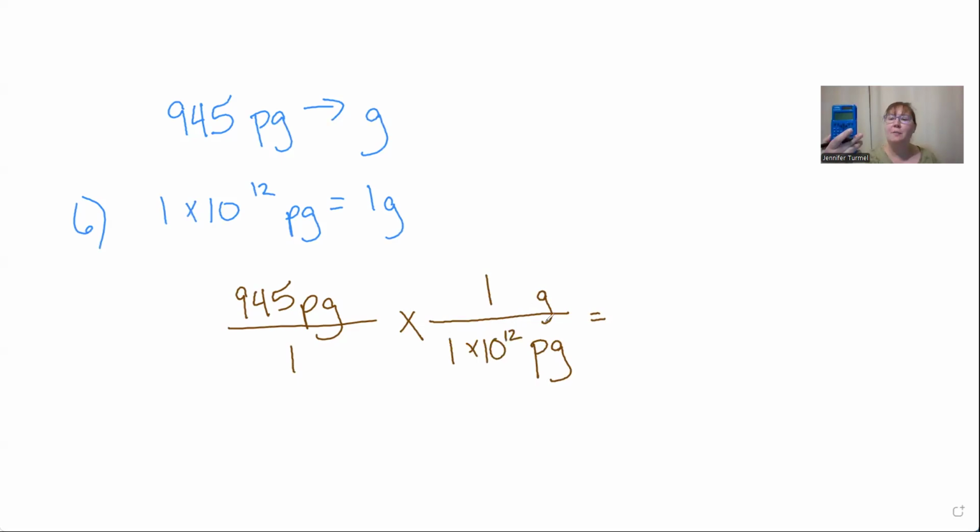Now, everybody's scientific calculator is a little bit different. And I want you to work this with me. Because if it's not coming out correctly, then you need to contact me by email or see me in class, and I will help you figure out exactly how to put scientific notation into your calculator.